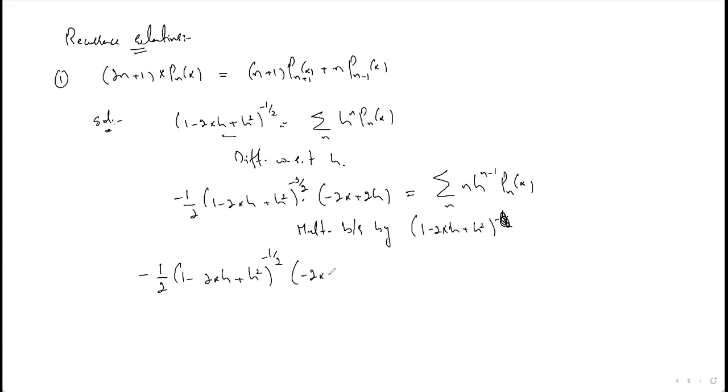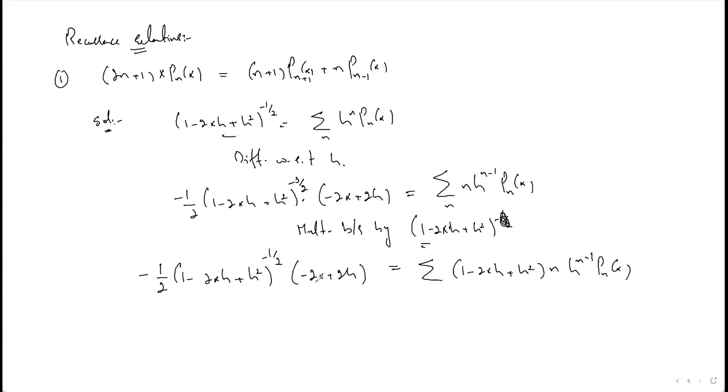Into minus 2x plus 2h, as such. Again here it will be summation, now (1 minus 2xh plus h square) into n into h raised to power n minus 1 into pn of x. यहाँ पे मैंने इससे multiply किया है.